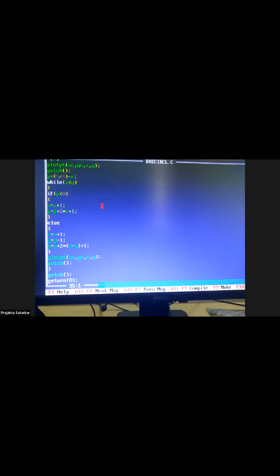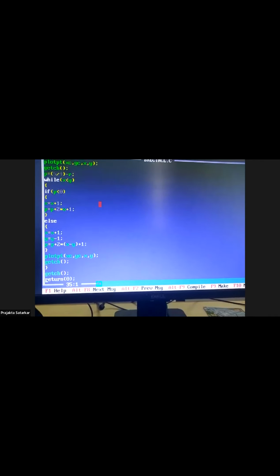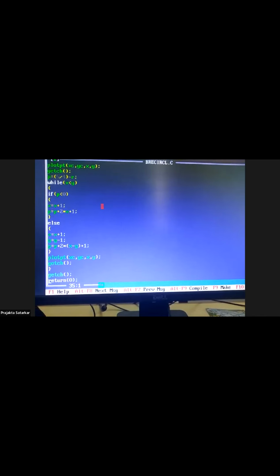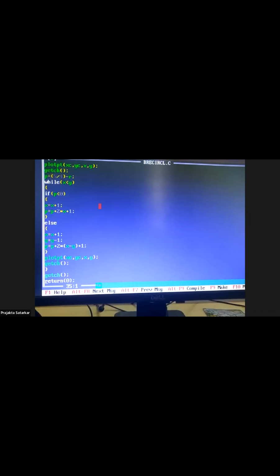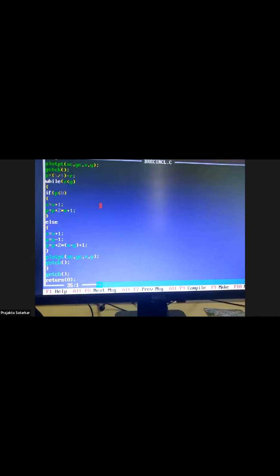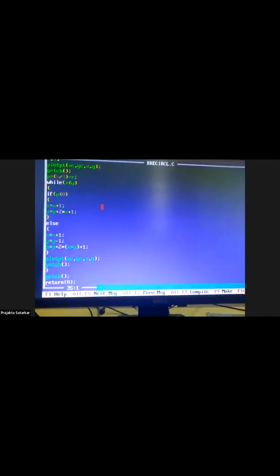In the else part, if P is not less than 0, if P is greater than or equal to 0, then you have to change both the values X and Y. X will be incrementing and Y will be decrementing. So X equal to X plus 1 and Y equal to Y minus 1. Again, P will be changing as X and Y both are changing. P's change is with respect to X and Y, and that P is P plus 2 into X minus Y plus 1.